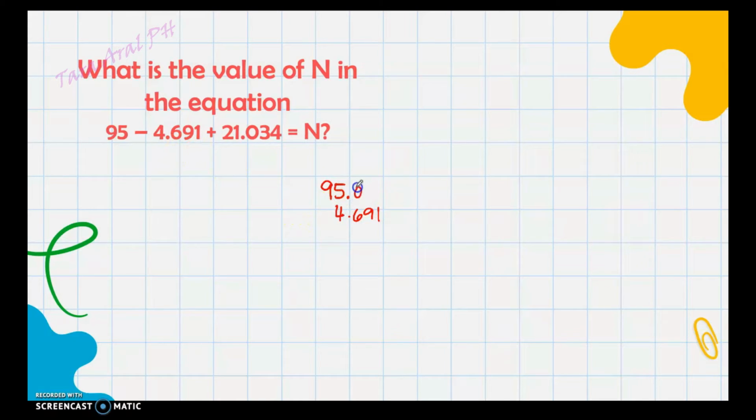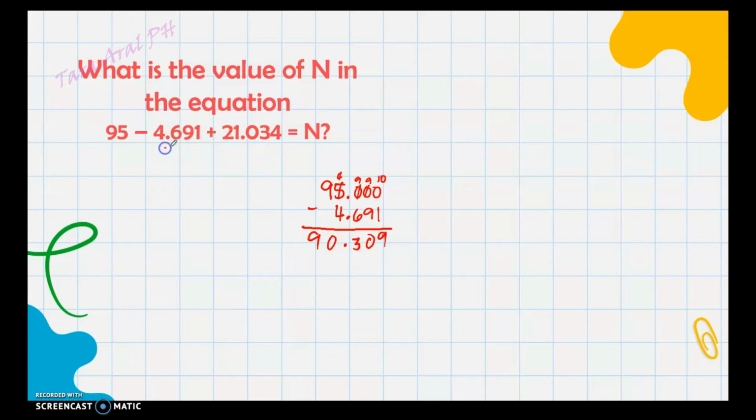We may add 0 for the empty place value, and we subtract first. Okay, we need to regroup. So this is 10, this is 9, this is 9, this is 4. Okay, so 10 minus 1 is 9. 9 minus 9 is 0, this is 3. Then align the decimal point here in the difference. 4 minus 4 is 0, this is 9.